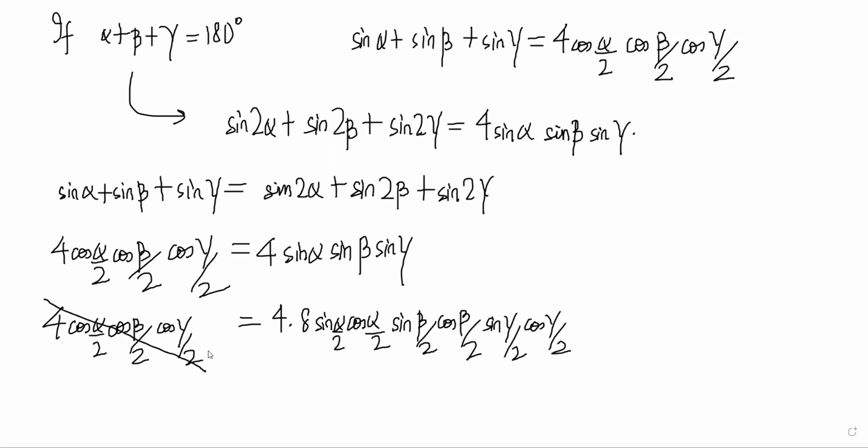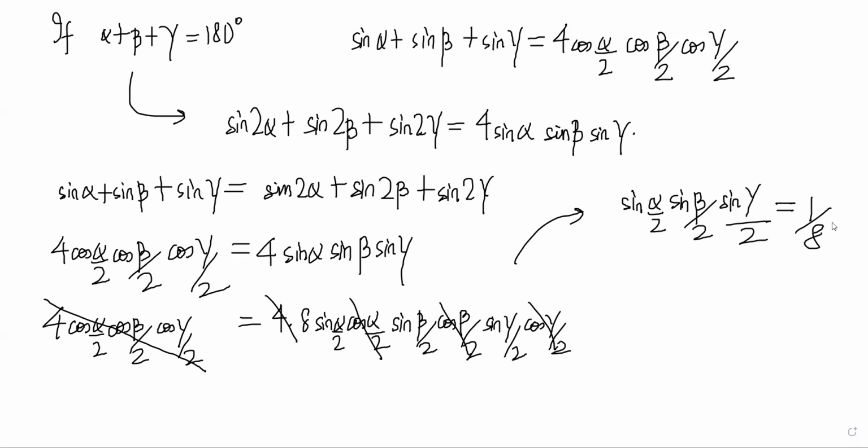All of these terms can get cancelled. 4 gets cancelled. All the cos terms get cancelled. And what we have from this is that sine alpha by 2, sine beta by 2, and sine gamma by 2 is equal to 1 by 8. That is what our condition is boiling down to after some simplification.